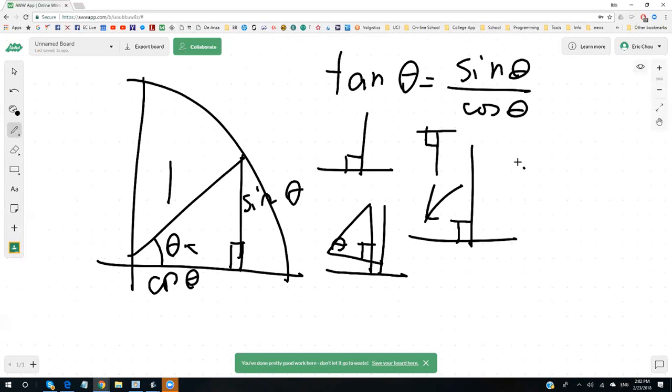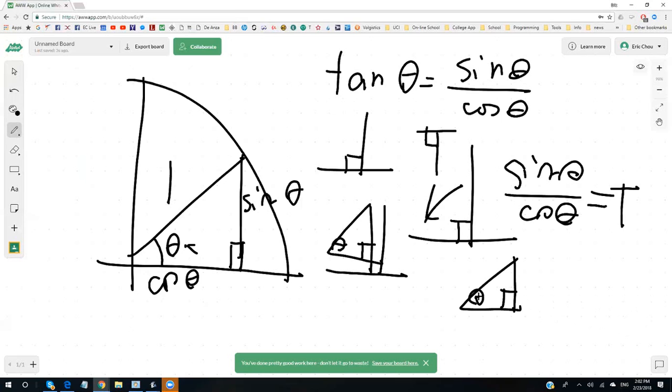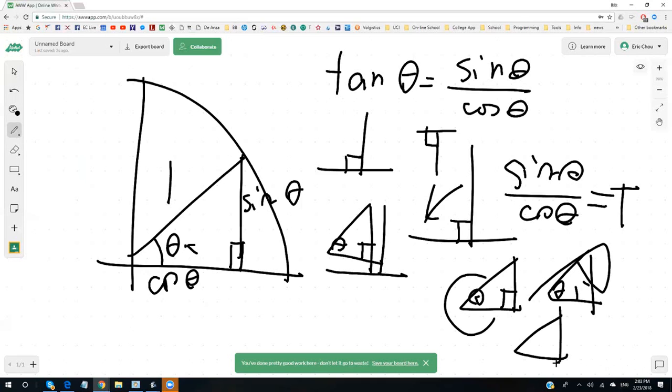This ratio, sine over cosine theta, is your tangent. You have a triangle with theta: this is cosine, this is sine, and this one is your tangent.